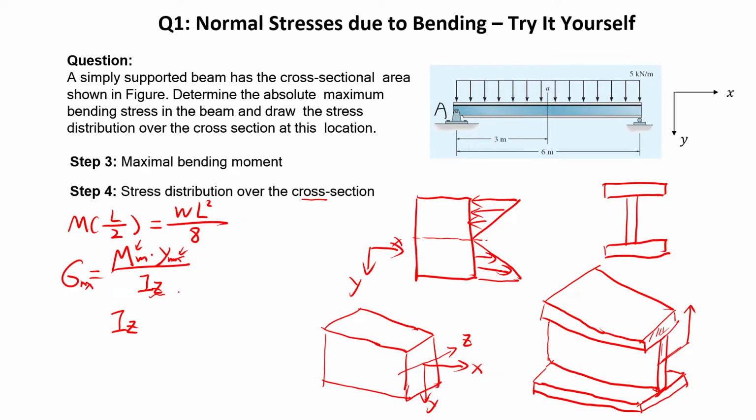Because Iz is always about the neutral axis, for the stress distribution over the cross sections.